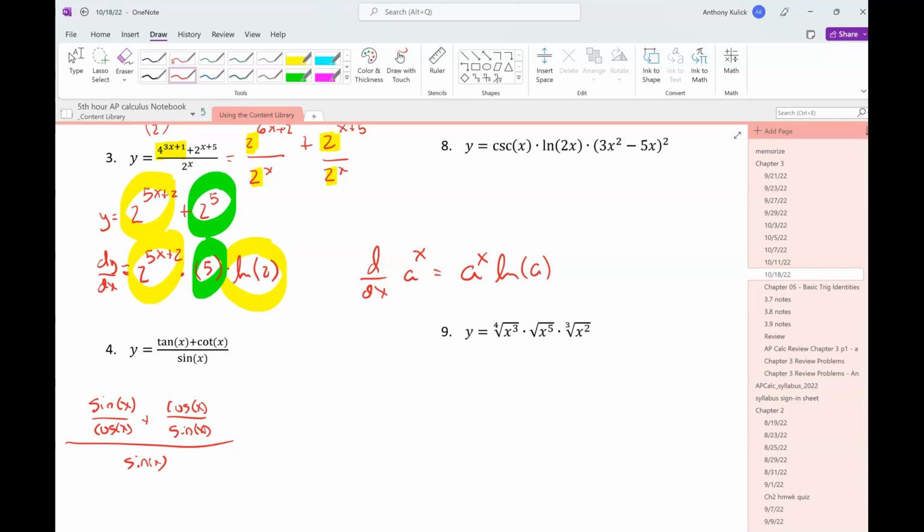So if I add the fractions on top, I would multiply this one by sine x over sine x, and this one by cosine x over cosine x. So what am I going to get in the numerator on the top? Sine squared plus cosine squared. Everybody see that? What's that? 1.